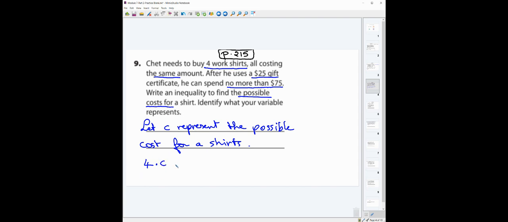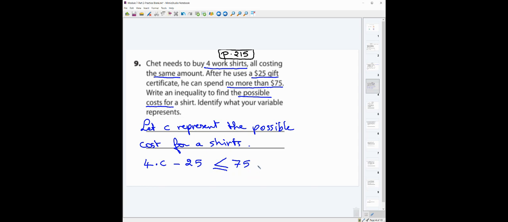And then he uses a $25 gift card, so minus $25. He can spend no more than $75. So whatever is the extra cost that's left has to be less than or equal to $75. No more than 75 means it could be less than 75 or equal to 75.